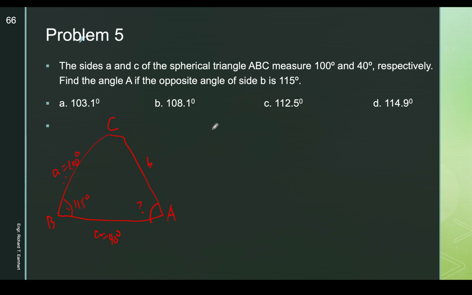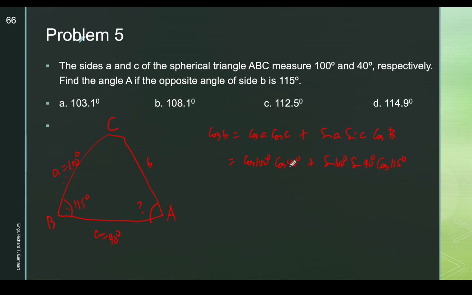law for the sides. So this is cosine of B for oblique spherical, no? Cosine of B, cosine of A, cosine of C, plus sine of A, sine of C, cosine of the angle B. So this is cosine 100, cosine 40 degrees, plus sine 100 degrees, sine of 40 degrees, cosine of 115 degrees.